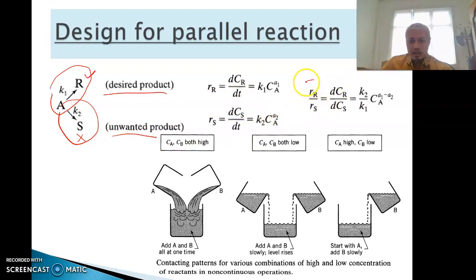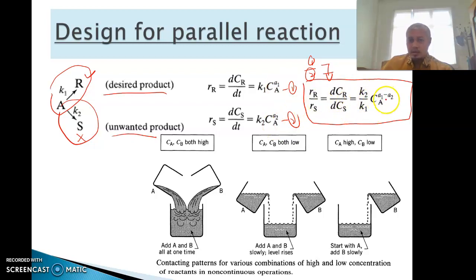And then we can simplify this. We can divide both equations: equation number 1 over equation number 2, we will have this. Just copy back everything here.